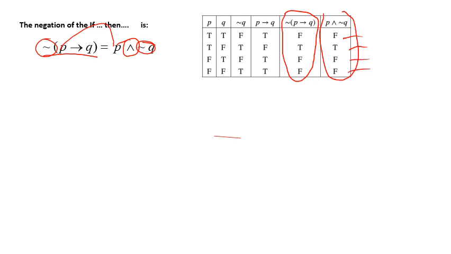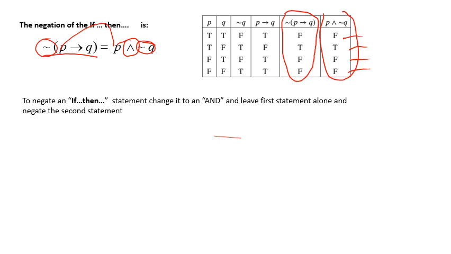They are equivalent. So we know that the negation of an if-then is obtained by changing it to an and, leaving the first statement alone, but we negate the second statement. You need to memorize this. Remember, you can look and memorize a formula, but if you can speak what the formula is telling you, that is much better.